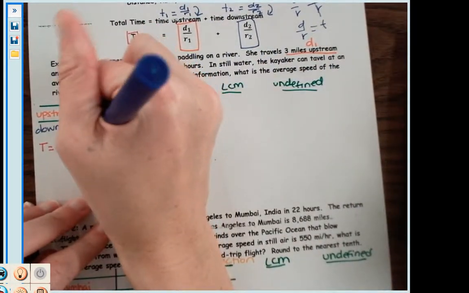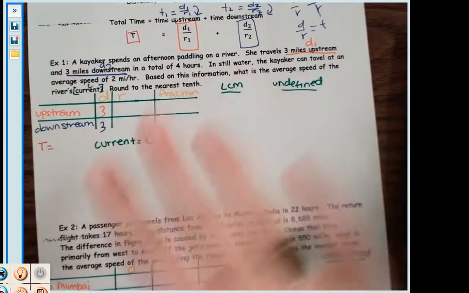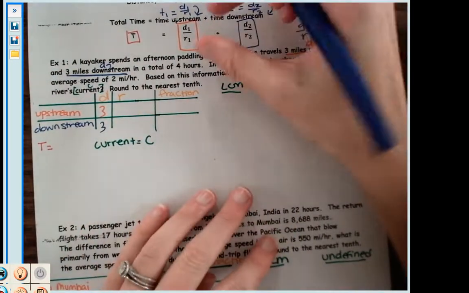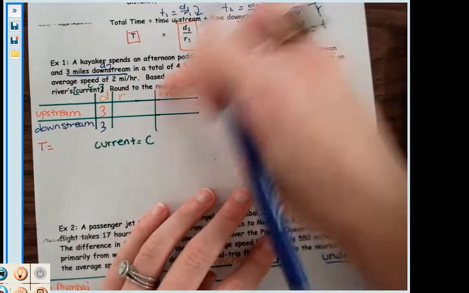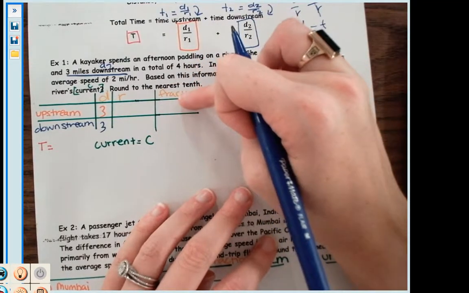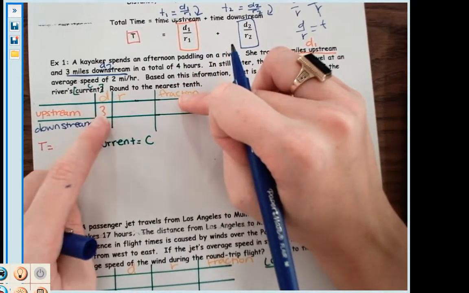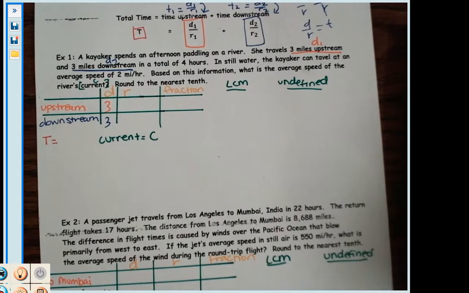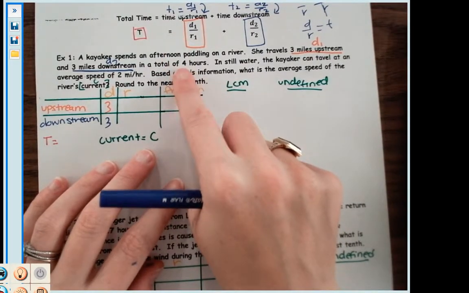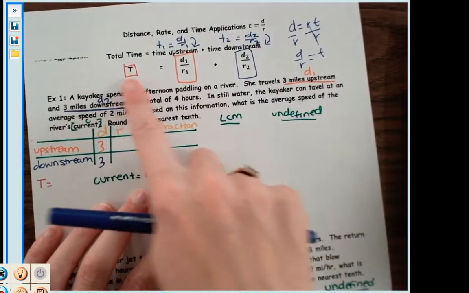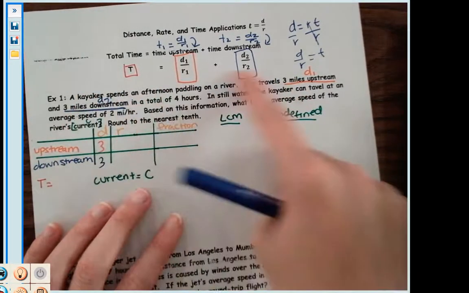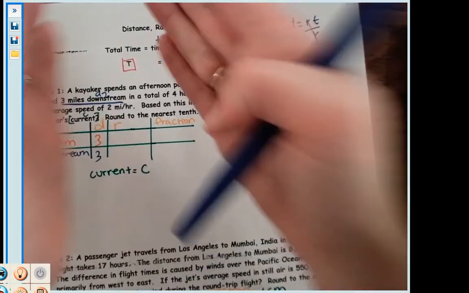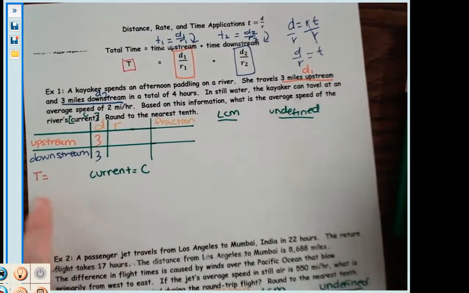In my chart, I just have this to help organize our information. Eventually, we are going to put this into a fraction, which is what we're going to write right here. So get excited. Now, 3 miles downstream and 3 miles upstream in a total of 4 hours. Which one of these would be the total amount of time they spent on the river? You guys are so smart. It is our big T. So big T is going to be 4 hours.